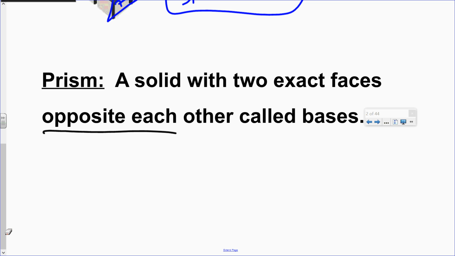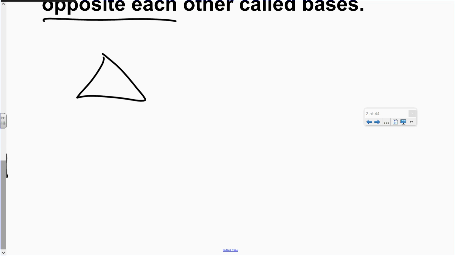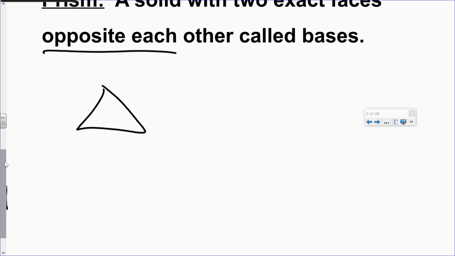Let's draw a triangular prism, since you know what a prism is now. Watch. Go ahead and draw a triangle with me. And then on every corner, let's extend it. Look at the three corners. Extend it.